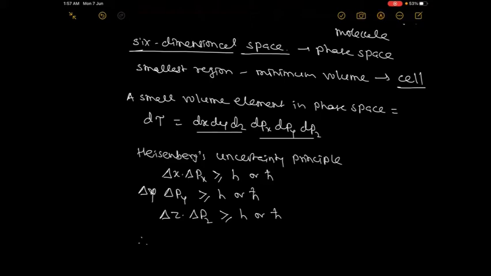the volume of an element, that is a cell, that is d tau, is equal to dx dpx, dy dpy, and dz dpz, which equals h into h into h, equal to h cube, or we write in terms of h cross cube.